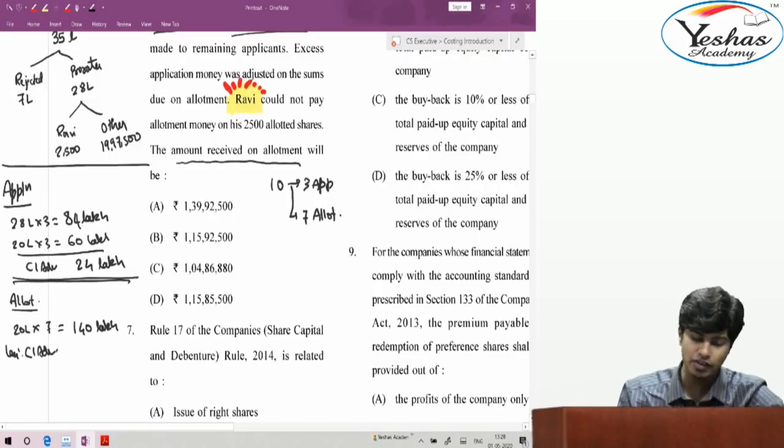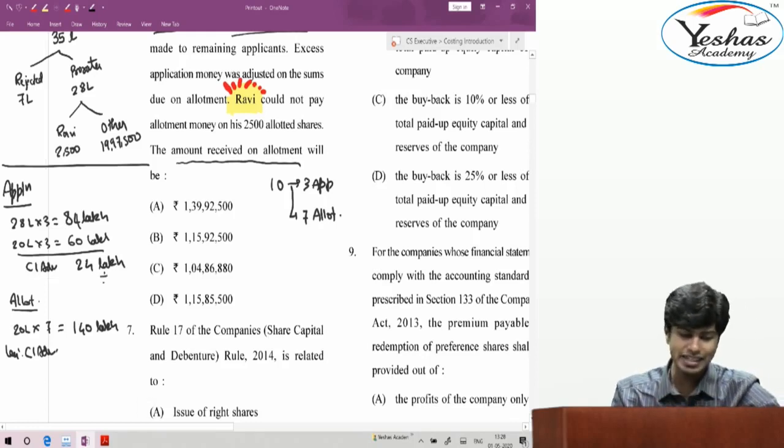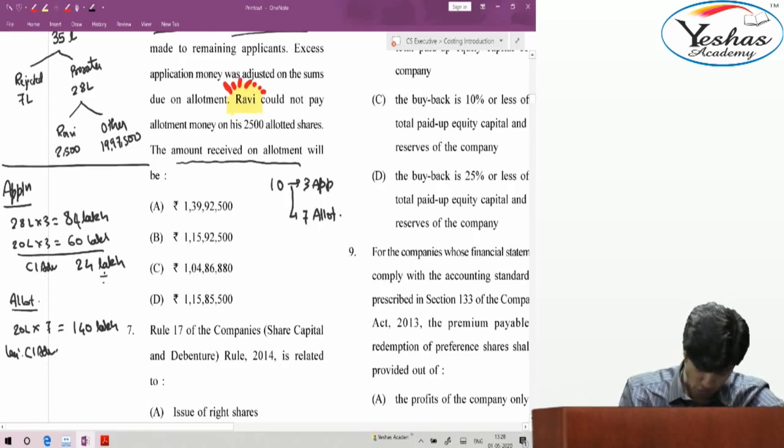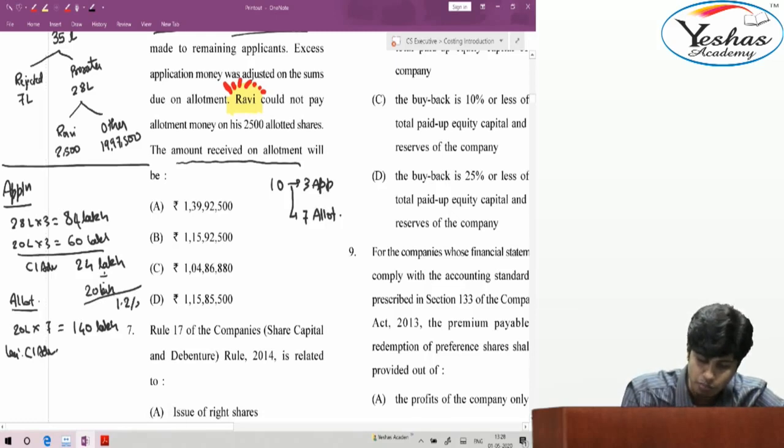How much is calls in advance? This 24 lakh is for 20 lakh shares. If I divide this 24 lakh by 20 lakh shares, how much will I get per share? 24 divided by 20, that is 1.2 per share. So my calls in advance is basically 1.2 per share.